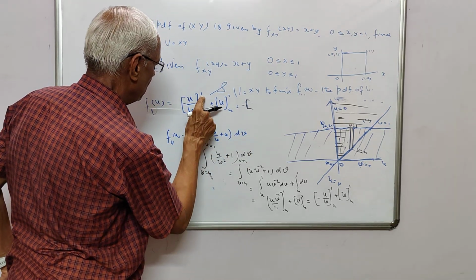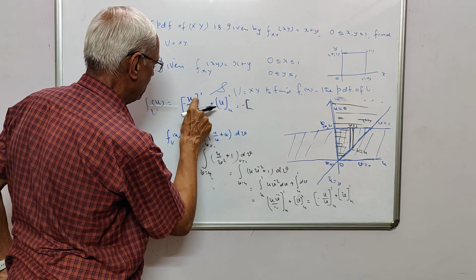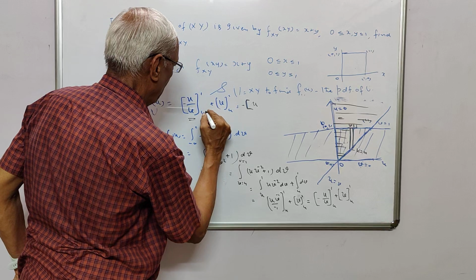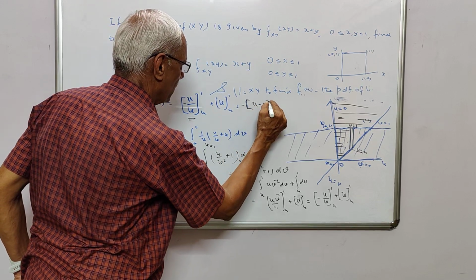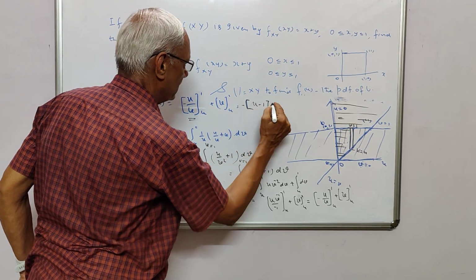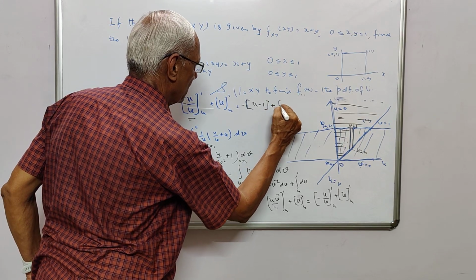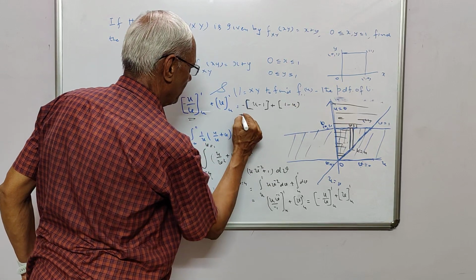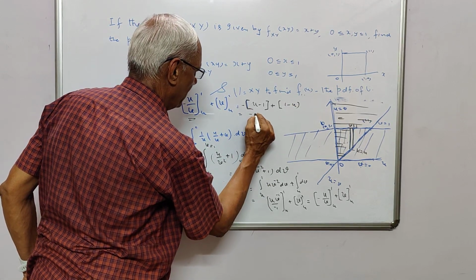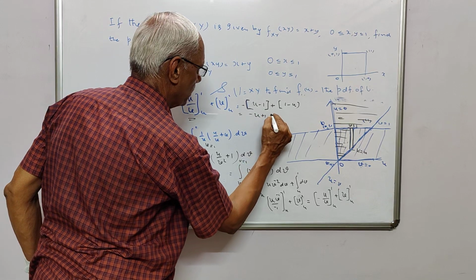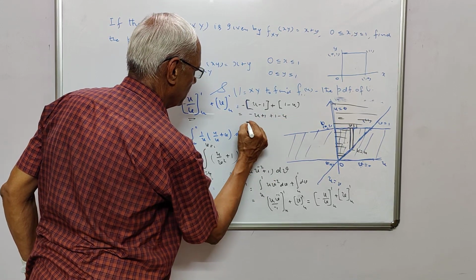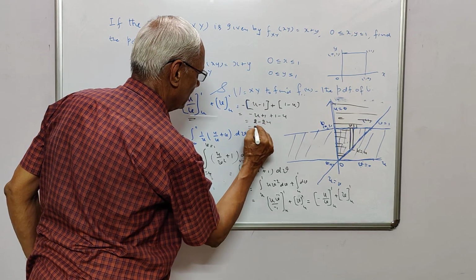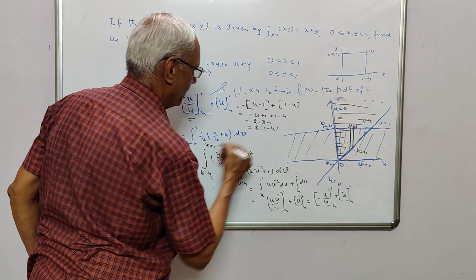For this minus I take outside, so it is u and this is minus 1. For this plus, for this it is 1 minus u. So this is equal to minus u plus 1 plus 1 minus u. So that is equal to 2 minus 2u, that is 2 into 1 minus u.